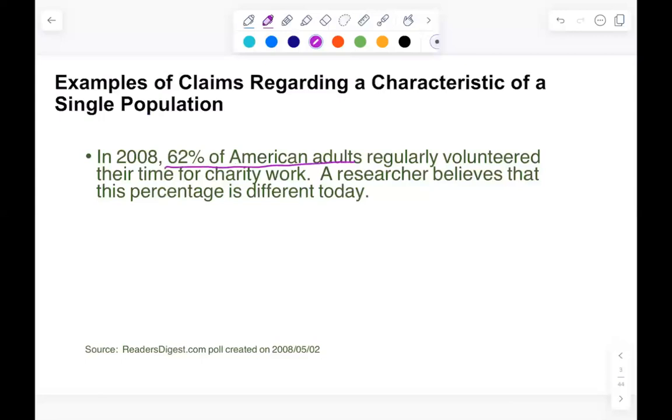But a researcher, who may have collected some samples or done some other groundwork, believes that that percent is different. He's not saying if it's more or less, just that he thinks it's different. So he's hypothesizing that it is not 62%. Most of the time we lean on previous studies or something that's out there in the world, and then we hypothesize that it is either more or less or just different.